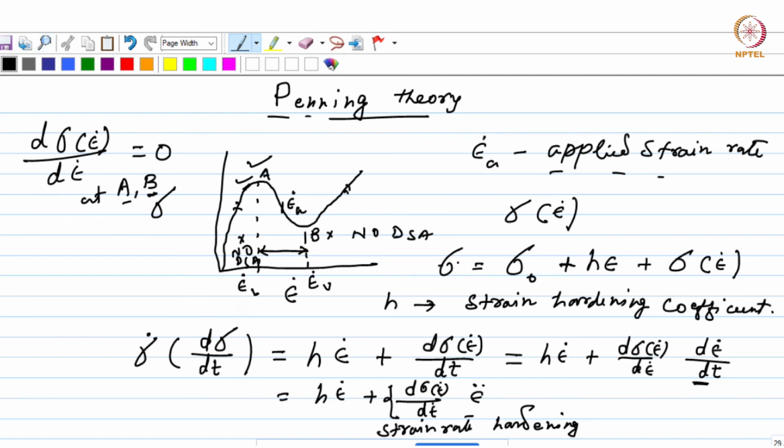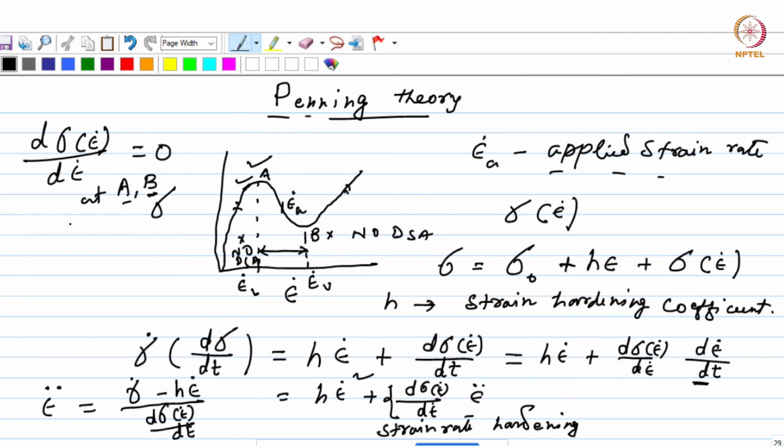And now if we derive this epsilon double dot from here, we get this particular expression, isn't it?